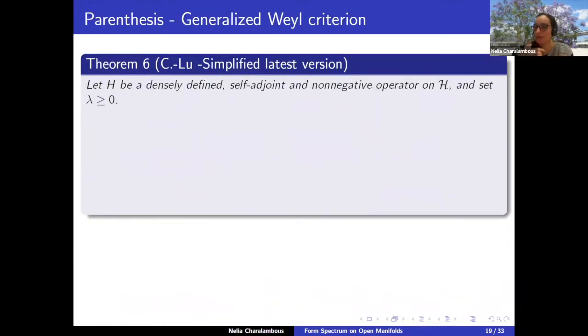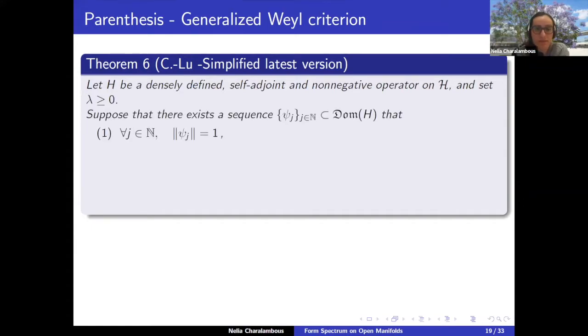Okay, so let me quickly tell you what this generalized version of the Weyl criterion is, since I've talked about it so many times. It works in general on any densely defined, self-adjoint, non-negative operator on a Hilbert space.